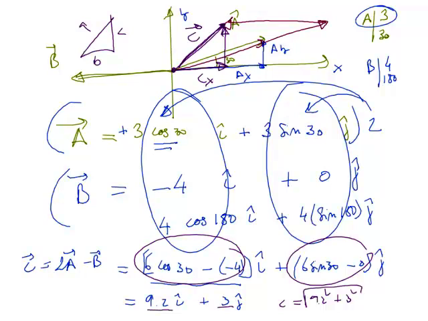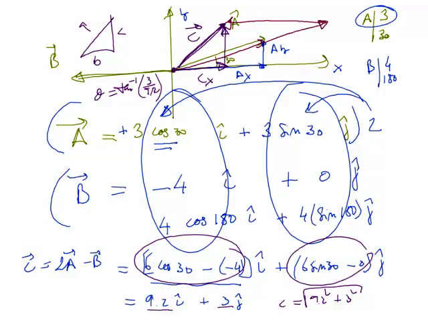Bing, bang, boom, done. And the angle is going to be the arctangent of the y divided by the x. 3, 9.2. That's it. So now we know how to add and combine vectors, and we know that for us to do this, we need to express them in component notation.